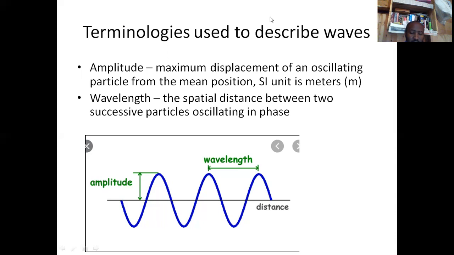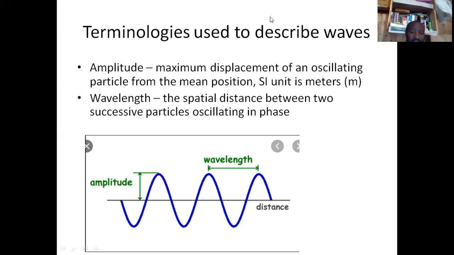We are assuming that this wave is moving as a result of some particles oscillating about their mean position. So the maximum displacement from the mean position of the particle is what we are referring to as the amplitude.